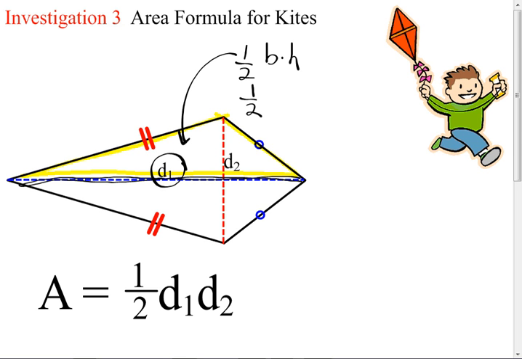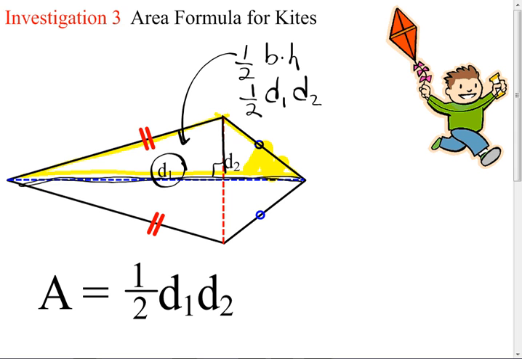Because it's a diagonal. So it's one diagonal. What's the height of this little triangle? What's the height here? Because we know the diagonals are perpendicular, right? D2.